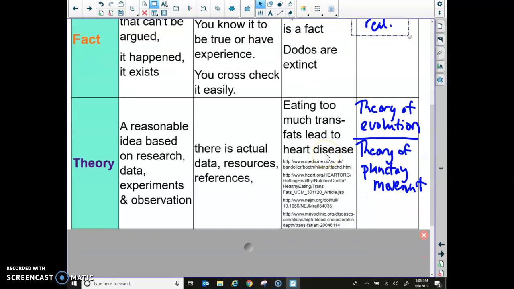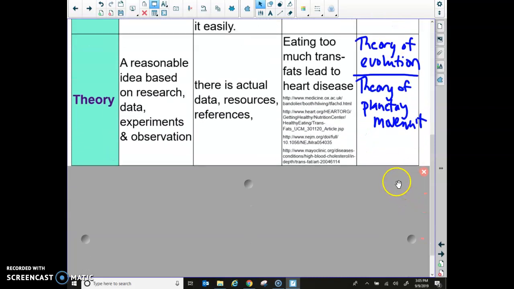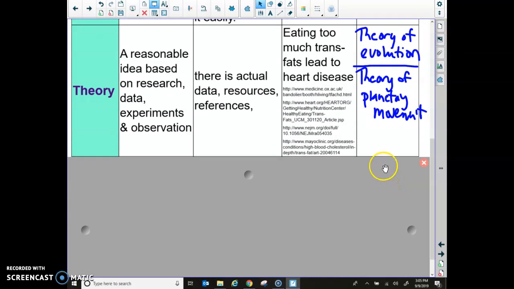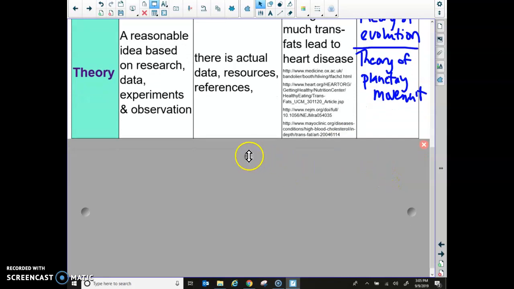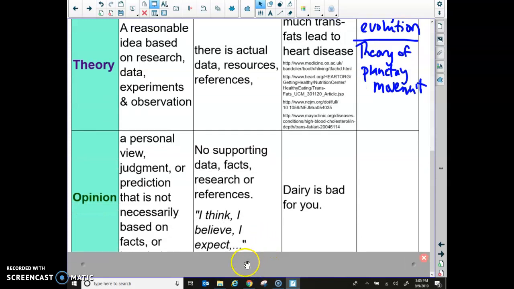Someone in their everyday life might use the word theory to talk about their ideas, their opinions, their hypotheses, but it's not the same as a scientific theory. Here are some examples of theories: theory of evolution, theory of planetary movement, the theory of relativity, climate change, that kind of thing.